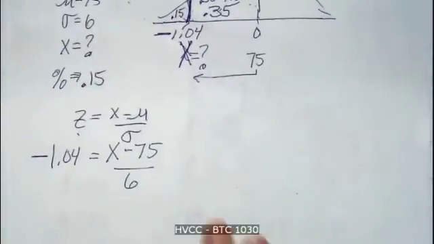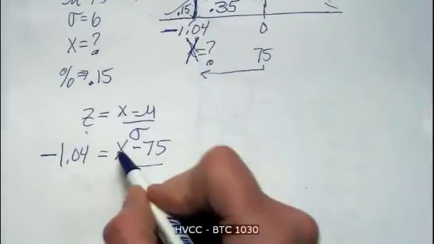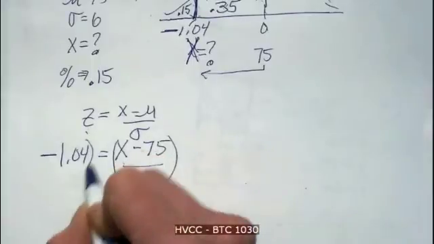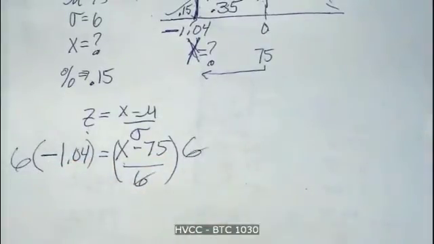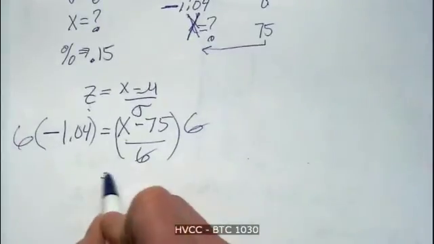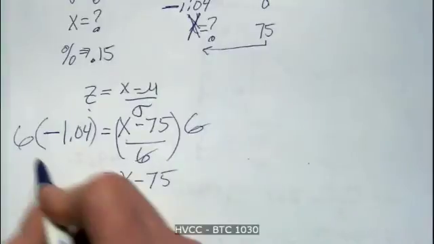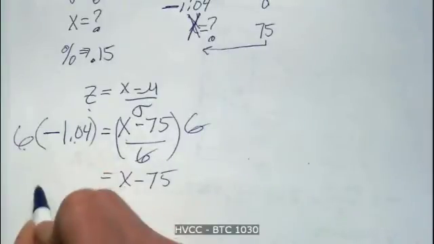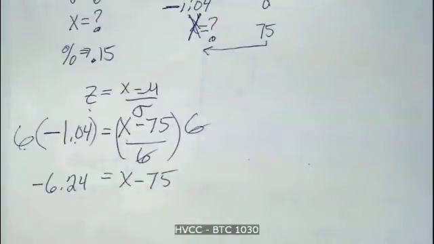So now we can solve. I'm going to do a little bit of algebra to remind you. We're looking for X. We multiply both sides of the equation by 6. These cancel out. We're left with X minus 75 on the right side. We multiply those and we get minus 6.24 on the left side.